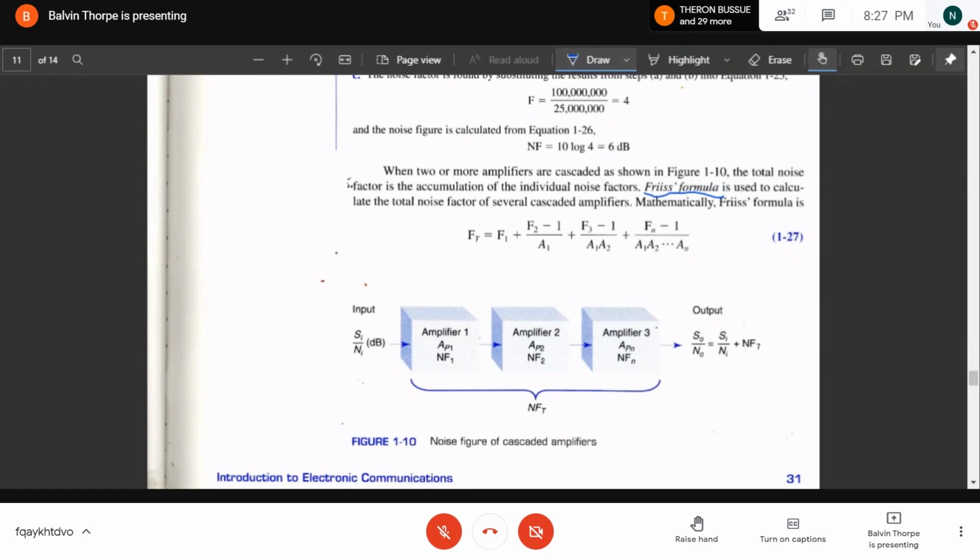And that's going to be added to the noise factor of the third amplifier minus 1 over the gain of the first amplifier and the gain of the second amplifier.